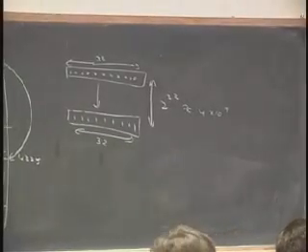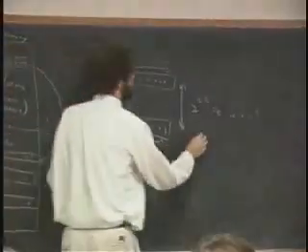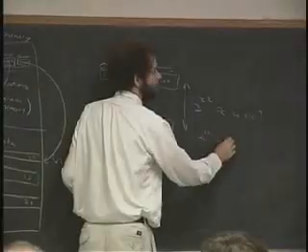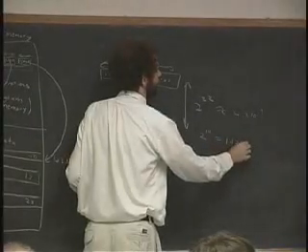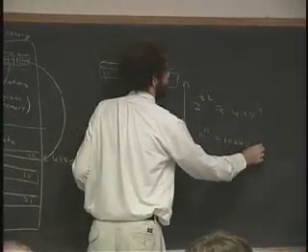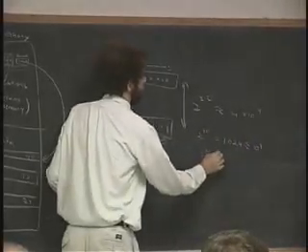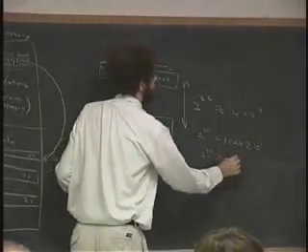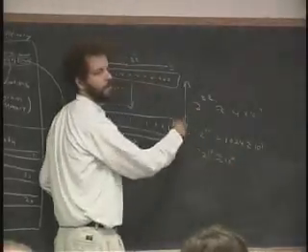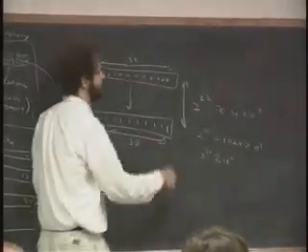A good way to think about that is that 2 to the 10th is exactly what? 1024, which is approximately 10 to the 3rd. So therefore 2 to the 30th is approximately 10 to the 9th, and 2 to the 32 is 2 times 2 to the 30th, so about 4 times 10 to the 9th.